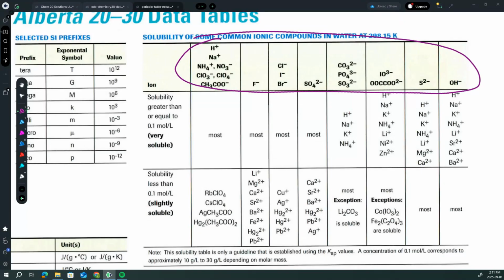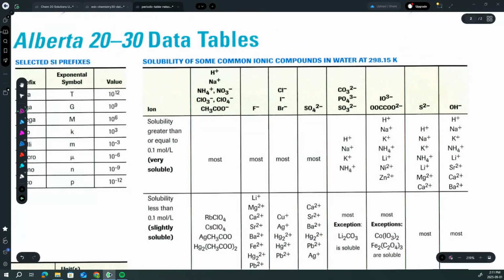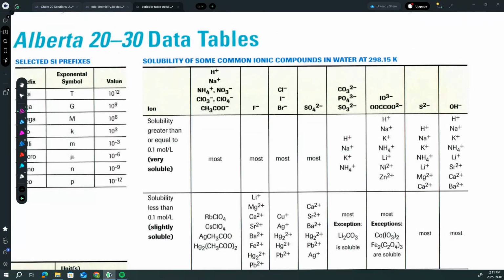And what you would do next is you just figure out where your cation falls. So let's say, for example, we wanted to figure out the solubility of barium hydroxide. Okay, so what I'd do is I'd be like, okay, what is my anion here?